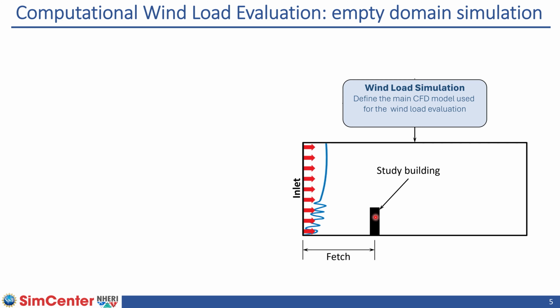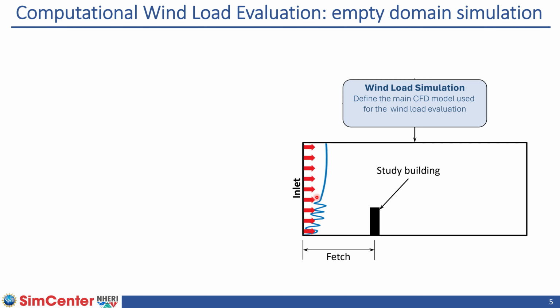So the first step to create a CFD model is to define your computational domain, as you see here, that encompasses your building, and specify appropriate boundary conditions on the outer surface of your domain. So from all those boundary conditions, the most important boundary condition is the one that we specify at the inlet of our domain, and this boundary condition has to reproduce atmospheric boundary layer turbulence. And for that, it has to be a transient boundary condition at the inlet.